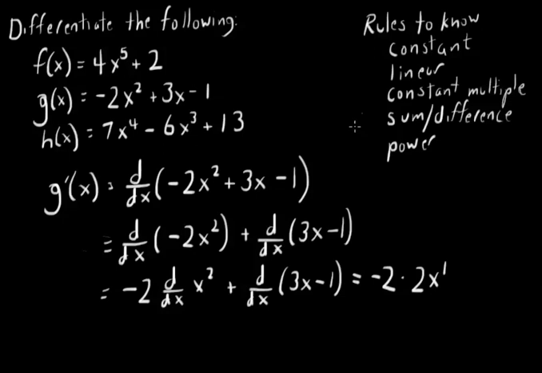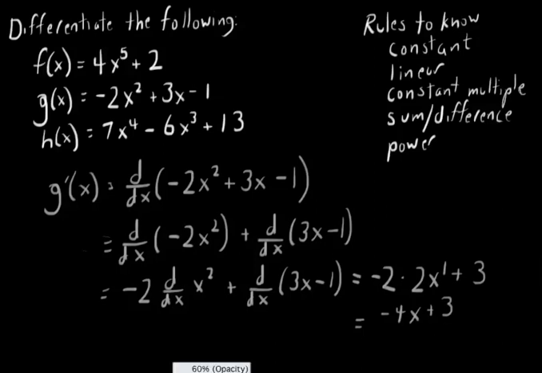By the rule for the linear function, the derivative is always the slope. So we've got a plus 3. So we will have negative 4x plus 3. And that's our derivative.